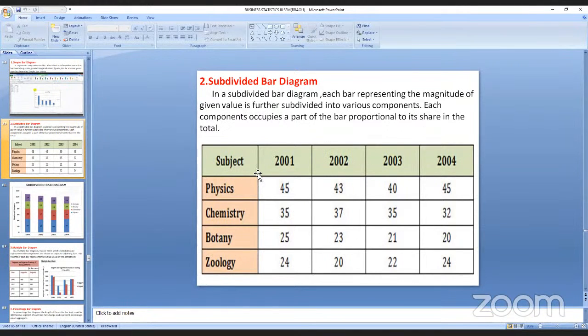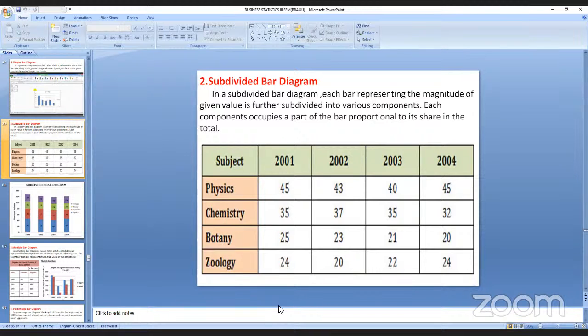See here, in 2001, there is a year. In this 2001, what is the total number of students? 129.